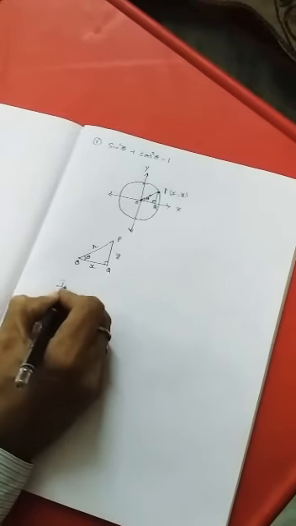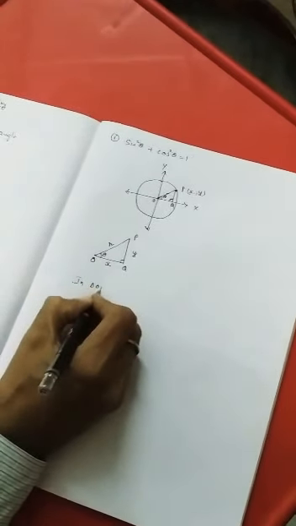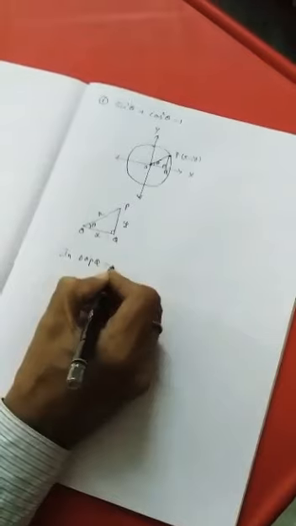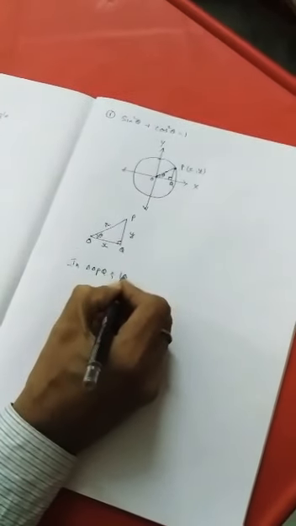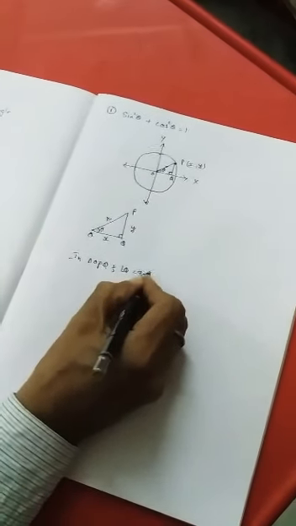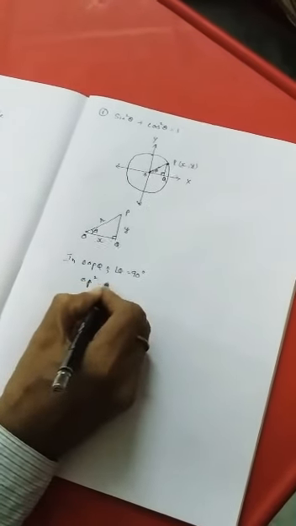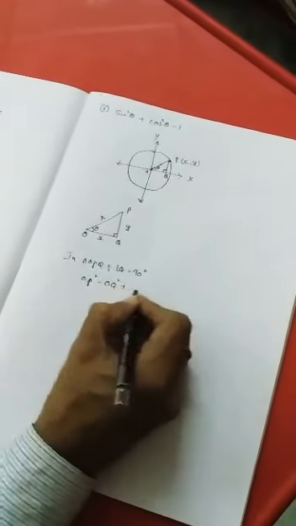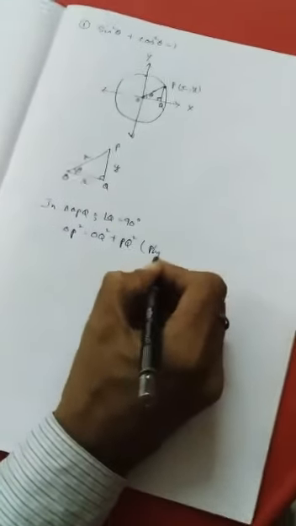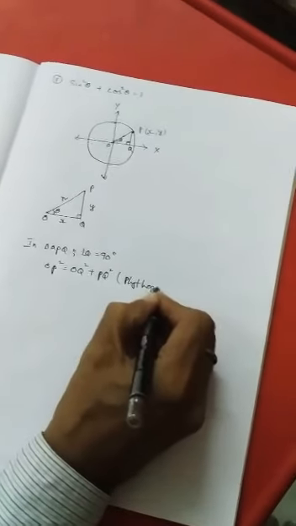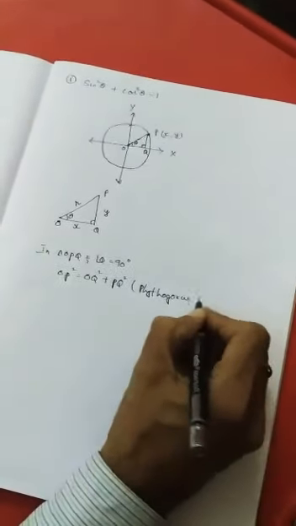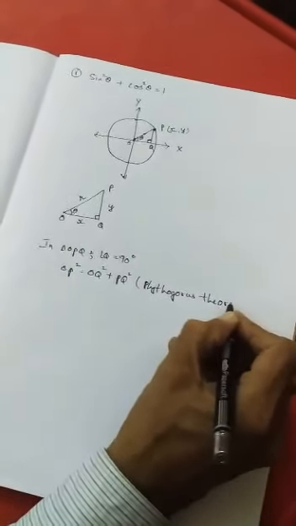In triangle OPQ, angle Q is equal to 90 degrees. Therefore, OP square is equal to OQ square plus PQ square. This is according to Pythagoras theorem.